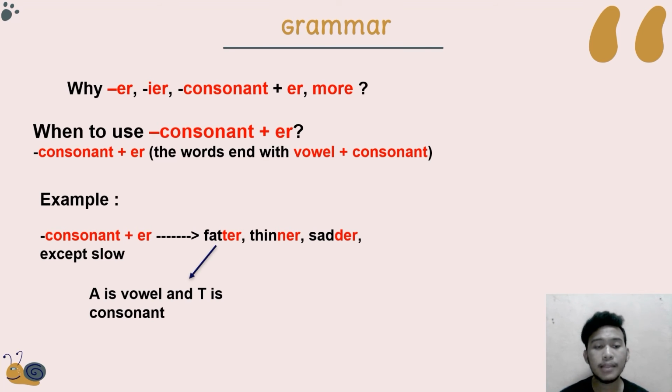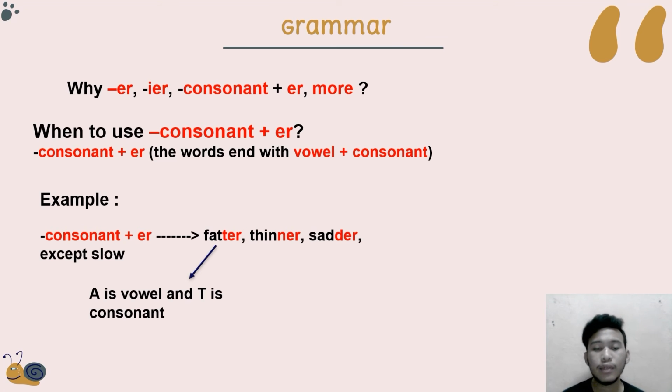That is my mistake that I wrote over there, just ignore it. So take a look at the word fatter. The original word is fat, isn't it? F-A-T. At the end of the word, we have A and T. A is a vowel and T is a consonant. So that's why we need to use consonant plus er. We need to add one more consonant, which is T, and then er.